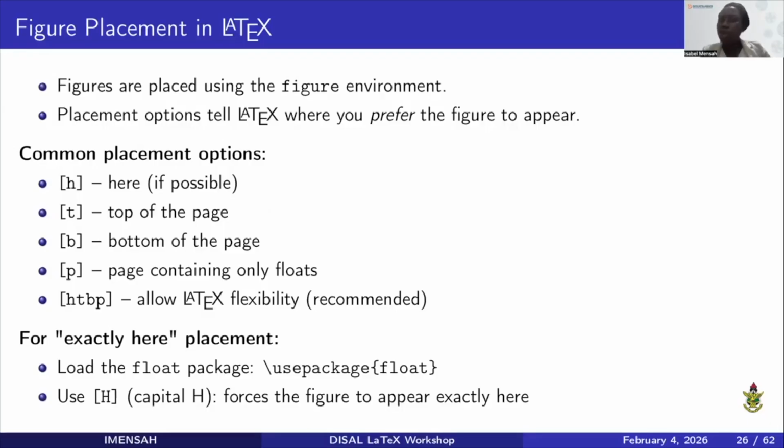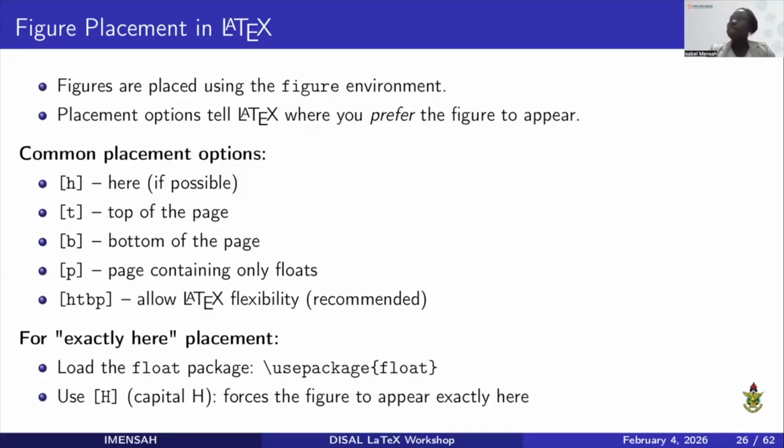Now, maybe you don't want it there. You want it on top of the page you are working on. Then you use T. That means the image should go to the top of the page. If you use B, that means the image should go to the bottom of the page. And when you use only P, you are telling it that it should go to a page that has only floats, that has only images or tables.